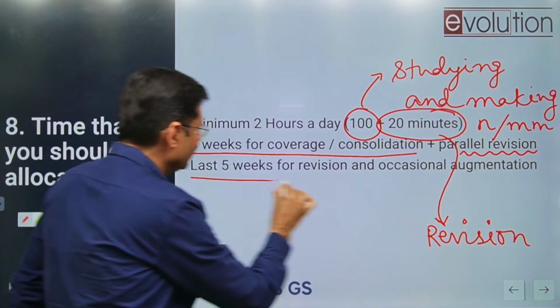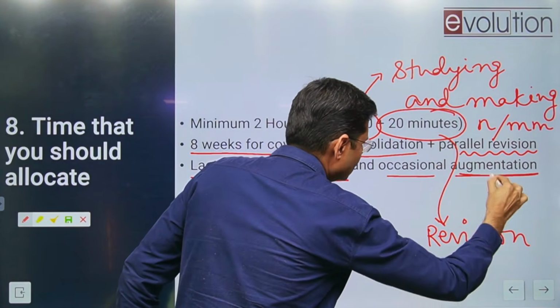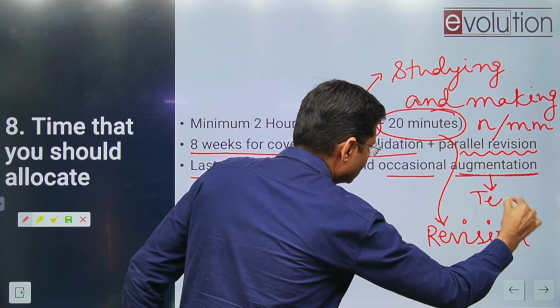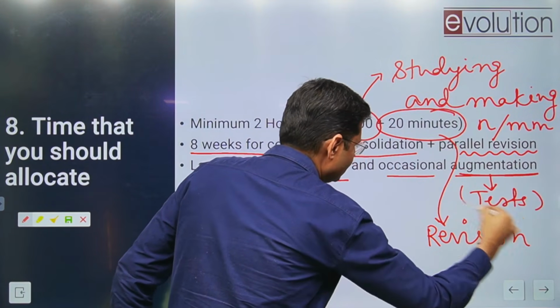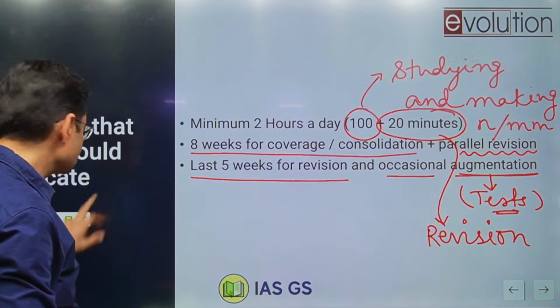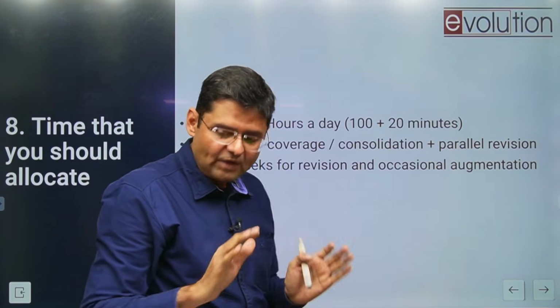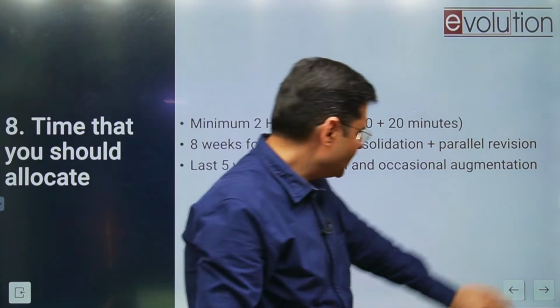And the last 5 weeks only for revision and occasional augmentation. Augmentation will be happening from the tests. We have already spoken about it and I cannot overemphasize this. Tests are going to play a very big role. So now you are clear how much time you have to allocate.